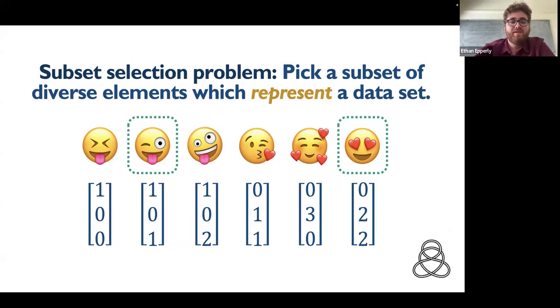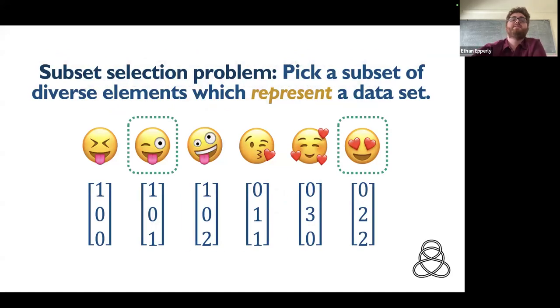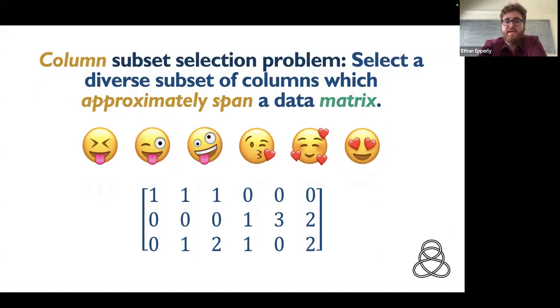Naturally, when we have a collection of vectors, it can be helpful to stack them together into a matrix. This takes our data subset selection problem and reformulates it as a linear algebra problem, or a column subset selection problem. Each column of this matrix corresponds to one of the data points, and we're now asked to select a subset of the columns that are going to represent this data matrix.